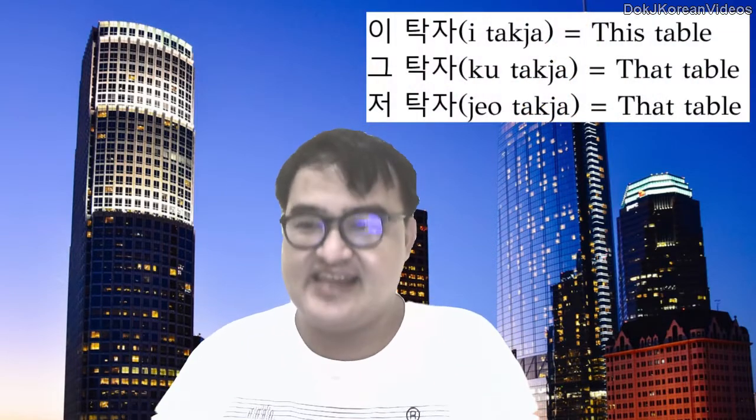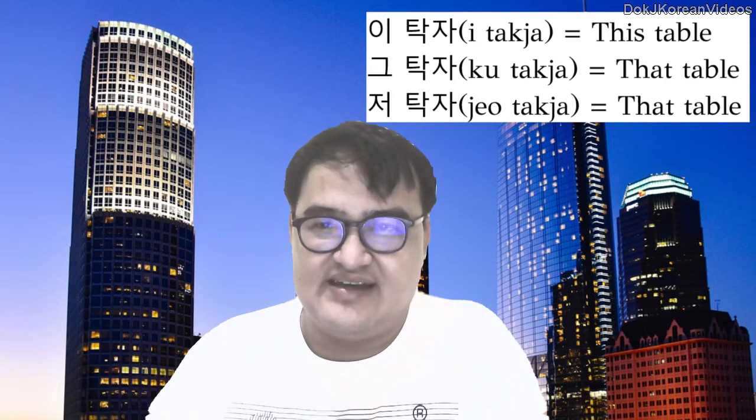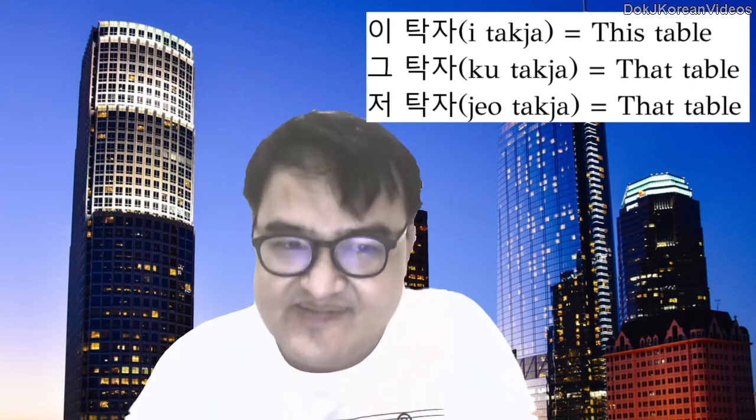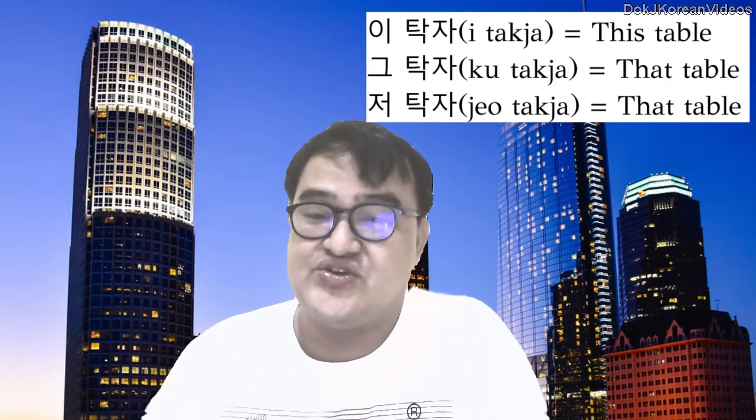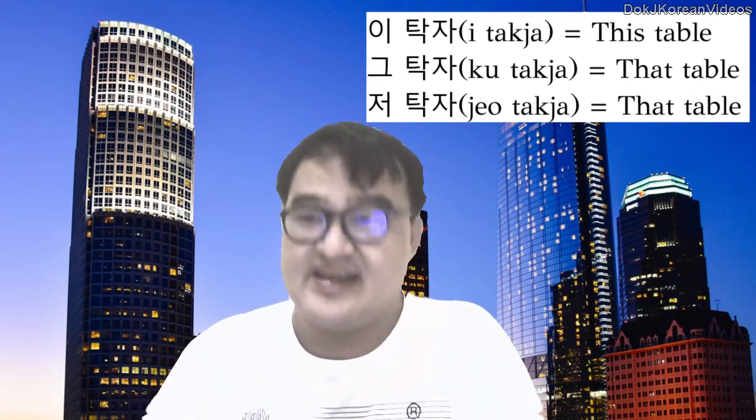How about table? This table is I takja. That table is ku takja, and that table is jo takja. So again, ku and jo both mean that, but they have different meanings in Korean. Is that clear?